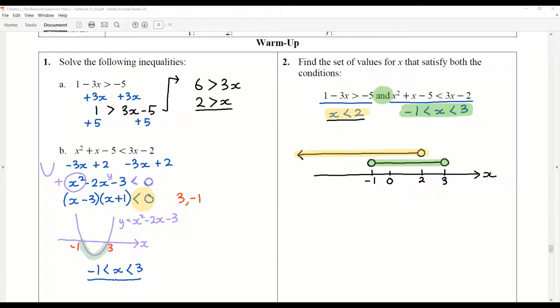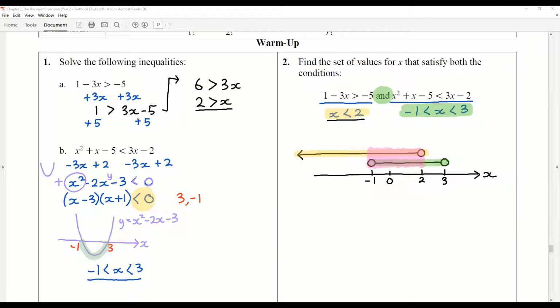So our job is to identify which range of values satisfy both regions. Well, it's where we have the 2 lines, where they coincide. The 2 lines coincide in this part. So that tells me I can now write down my set of solutions.